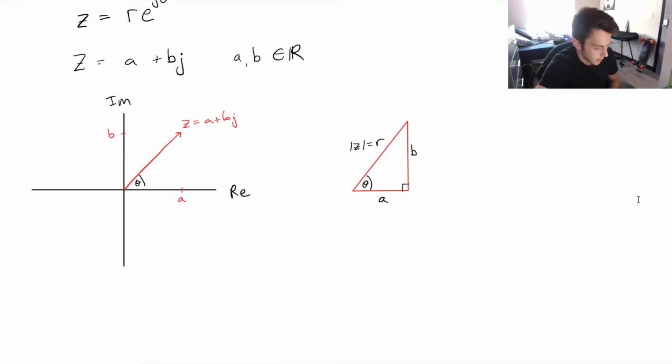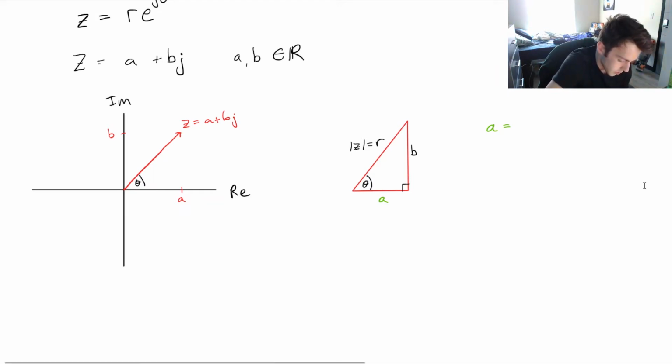Great. So then, using just basic SOHCAHTOA, I can show that a will be equal to r times cosine of theta, and b is going to be equal to r times sine of theta.